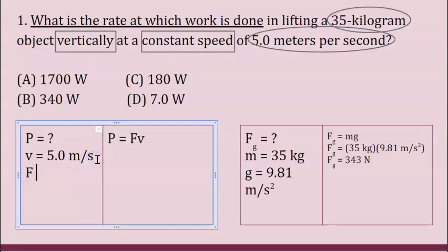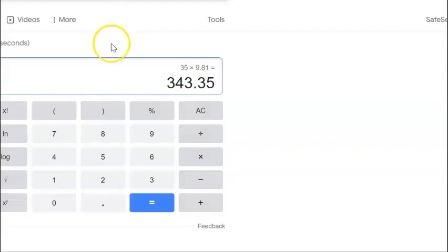Now I'm ready to plug in my force into this equation. So I'm just going to have 343 newtons times 5.0 meters per second. And I will multiply those two numbers together in my calculator.